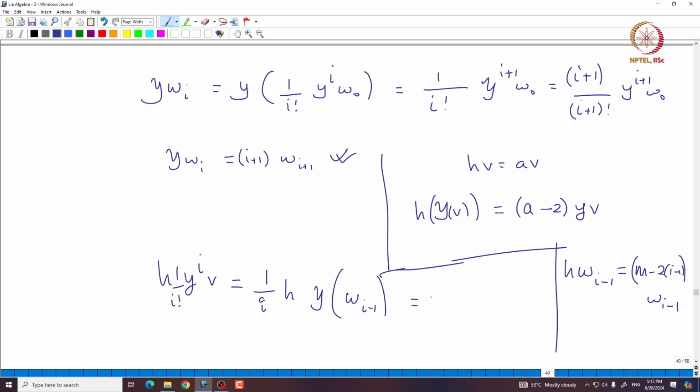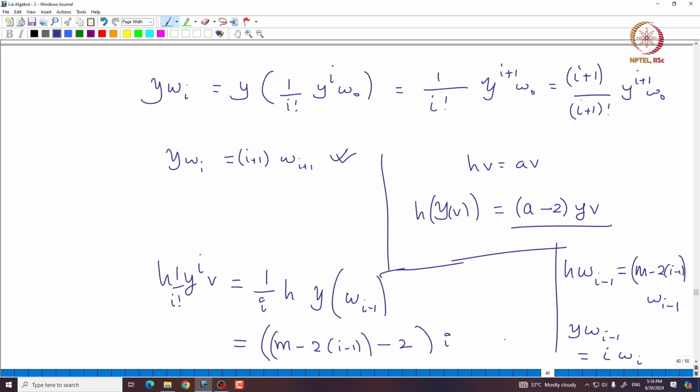So, this is going to give us 1 by I h, this is the formula that I am using. So, use this formula. So, m minus twice I minus 1 minus 2 and then y times W I minus 1. So, y times W I minus 1 is going to be again I times W I. Okay.